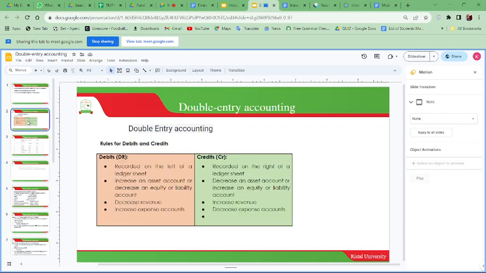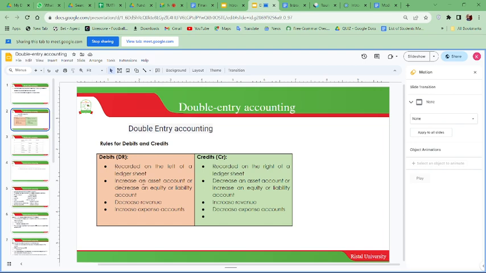So let's look at double entry accounting, the rules of debits and credits. Under the debit side, debit is recorded on the left of a ledger sheet. It is always recorded on the left.